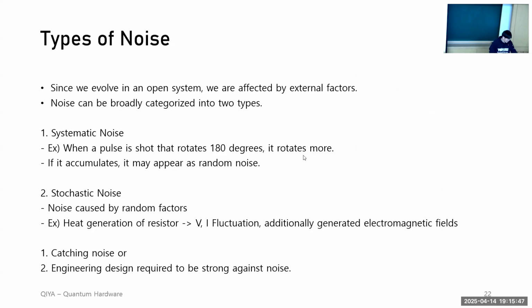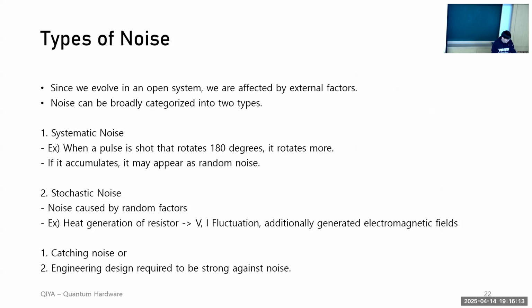Since we evolve in an open system, we are affected by external factors. So noise can be broadly categorized into two types. The first one is systematic noise. When a pulse is shot that rotates 180 degrees, it rotates more. So if it accumulates, it may appear as random noise.